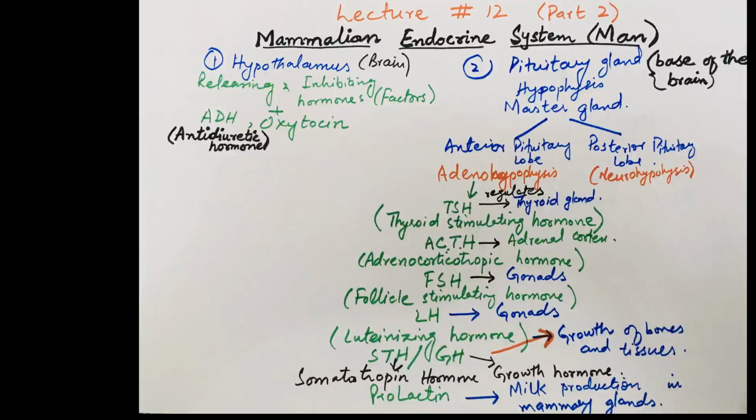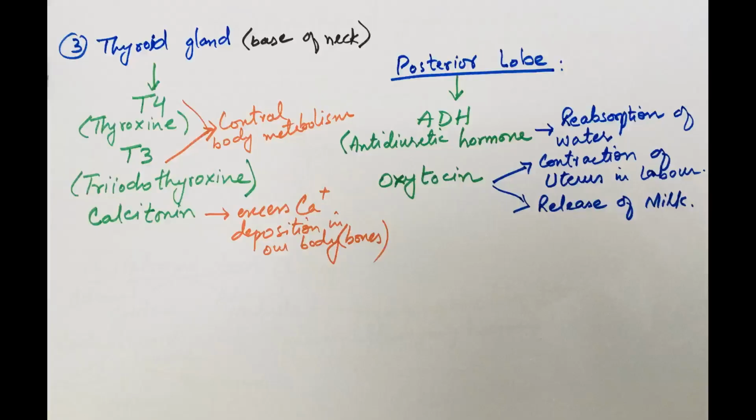Now the second part, the posterior lobe of the pituitary gland. It also secretes a very important hormone called ADH, which I discussed earlier in the previous meeting.